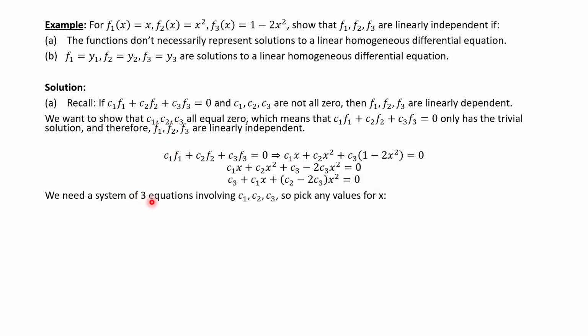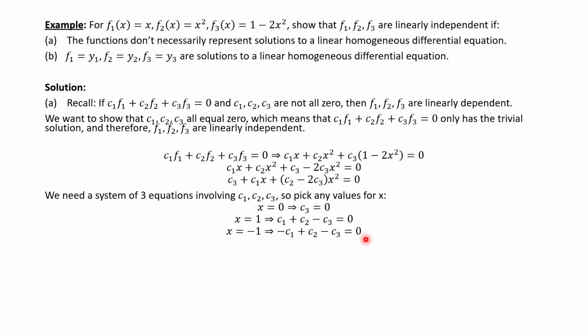So we need a system of 3 equations involving those 3 unknowns. So what you can do to figure this out is pick any values for x. I just picked x is 0, x is 1, and x is -1. And I've just plugged them into this last equation. And so that gave me 3 equations right over here on the right side of my arrow that involve our unknowns.